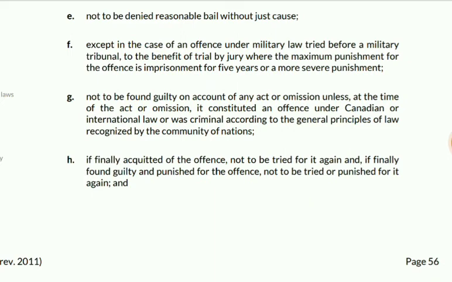As mentioned in the sixth point, jury trials were required in military law cases where the maximum punishment for the offense is imprisonment for 5 years or more severe punishment.